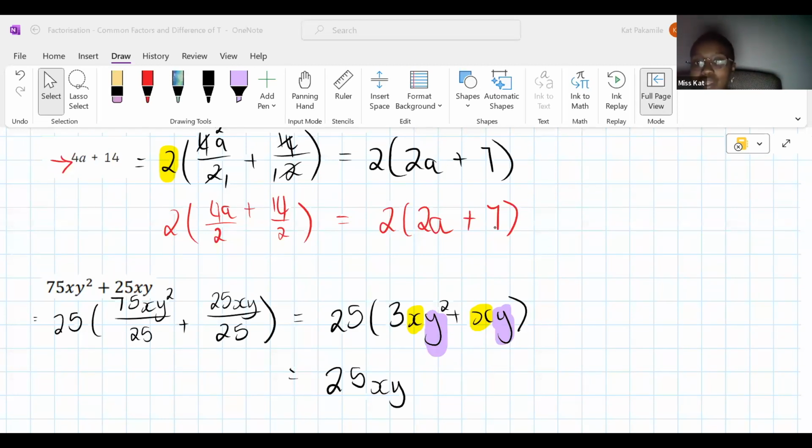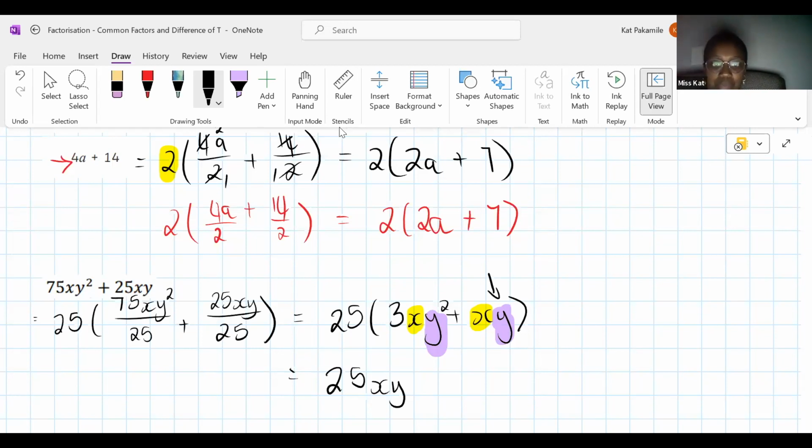But we want what they have in common. Does my second one have 2 y's as well? Do I have 2 y's there or just one? Just one. That's why I can only take out 1 y. Do you see?